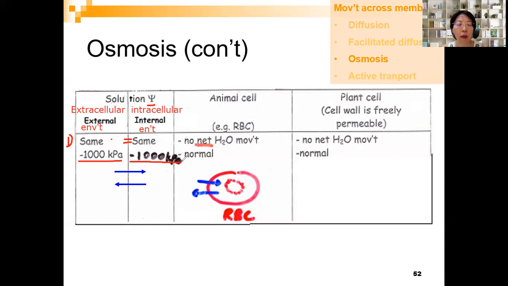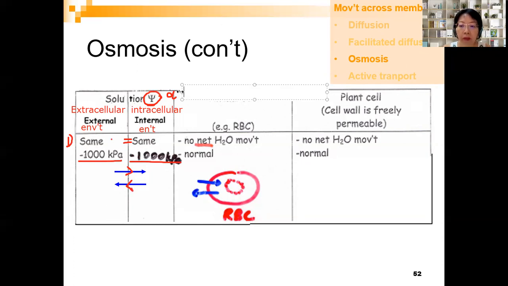Okay, so when the water potential on both sides of the membrane is the same, the rate of water molecules moving in will equal the rate of water molecules going out, because water potential represents the ability of water molecules to move, which is also proportional to the number of water molecules.